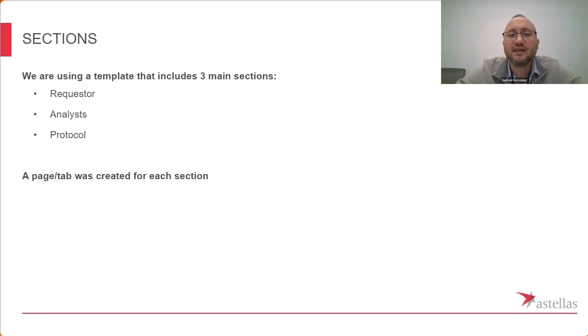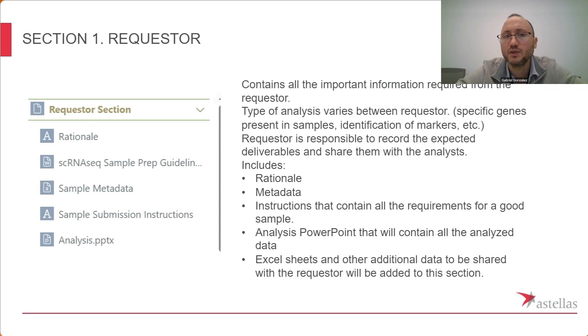And the other section would be all the protocols that are essential to run this assay. That's why we created a page in a tab for each section. So let me take you through this.